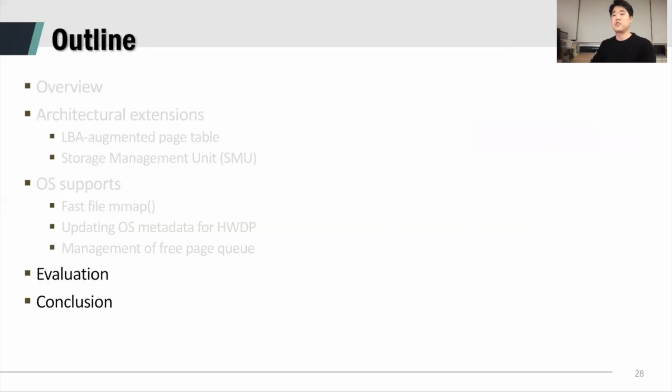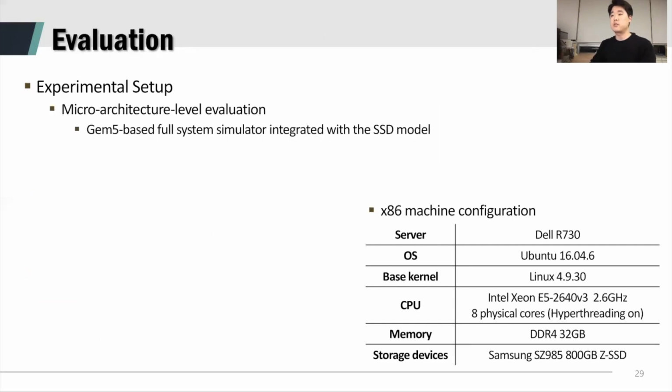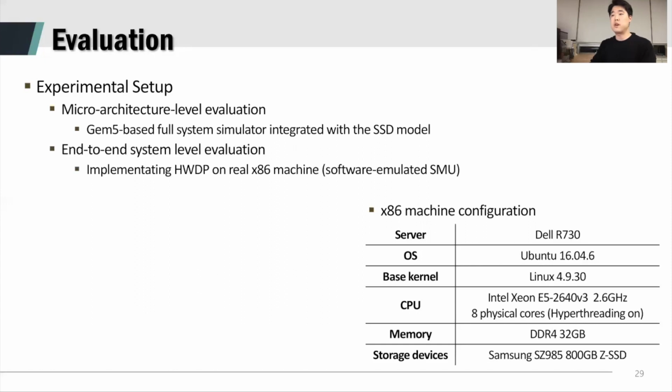Now the evaluation. Our architectural proposal requires thorough evaluation not only at the microarchitecture level, but also at the end-to-end system level. Since it is difficult to measure performance of long-running workloads with a cycle-level simulator, we implemented our scheme entirely in software and ran the prototype on a real x86 machine.